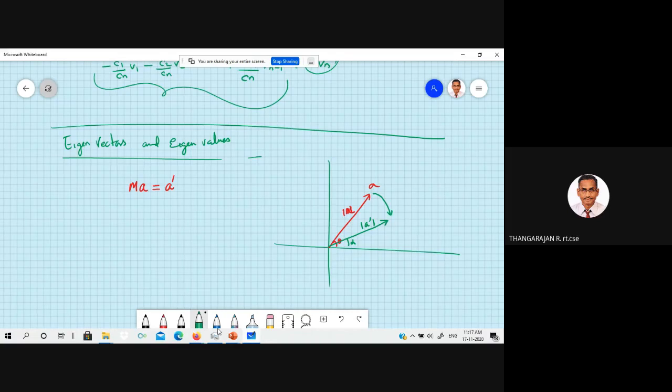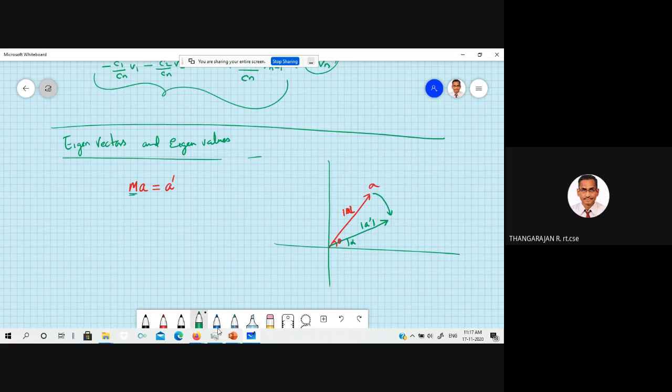Any operation on a vector will result in either scaling or rotating the vector. So you change the direction of the vector, and also you change the length of the vector through the operation. That generally happens with any matrix operator on a vector.